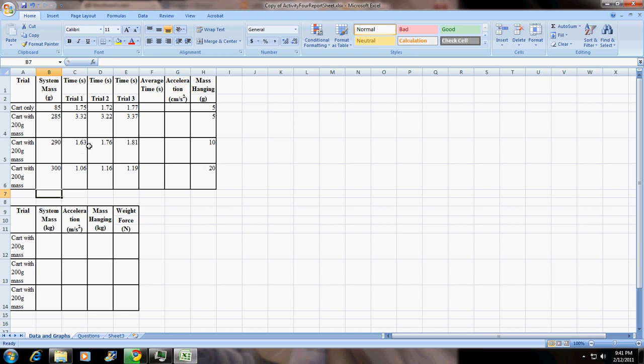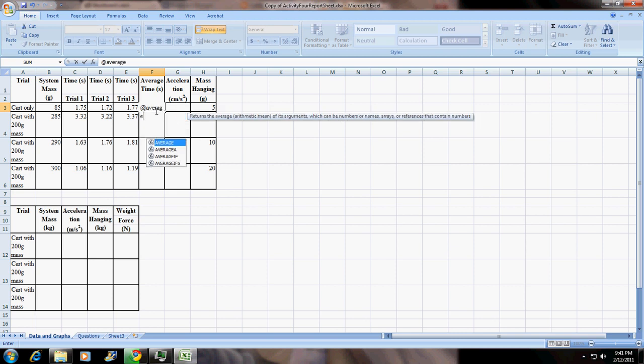Now the average time, I'm going to use my average function like I used in the previous video. To do that, I am going to do the @ symbol, type in average, open parentheses, highlight all 3 times, close parentheses, and enter.